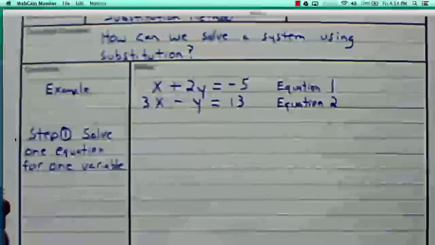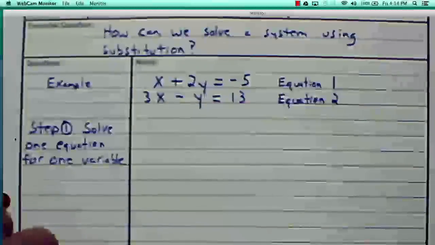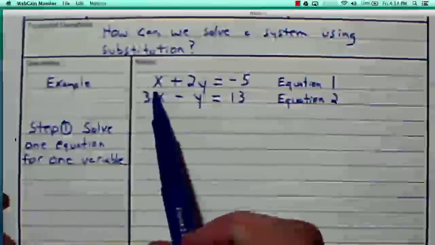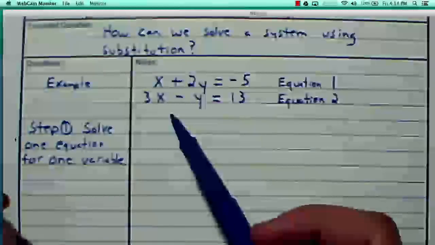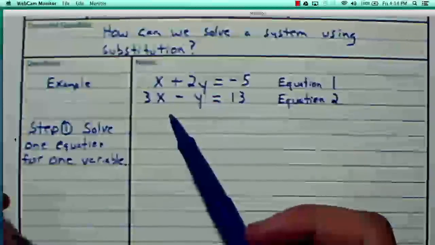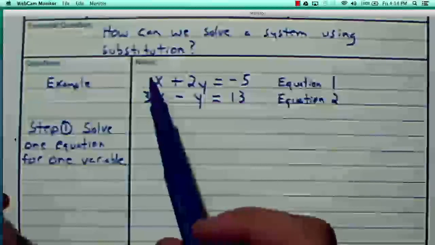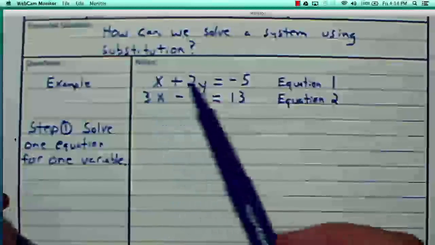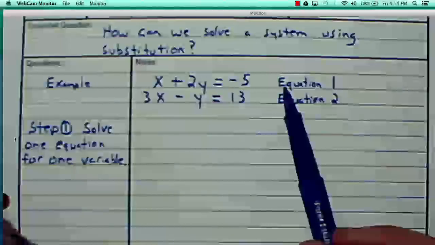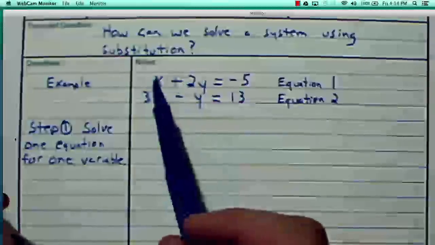I'm going to solve one of these equations for one of the variables. It could be x or y in either one. So which one should I choose? I should choose the one that's easiest to solve for, the one that has 1 as a coefficient. Here I see it's just 1x. So in this case, I'm going to solve equation 1 for variable x.